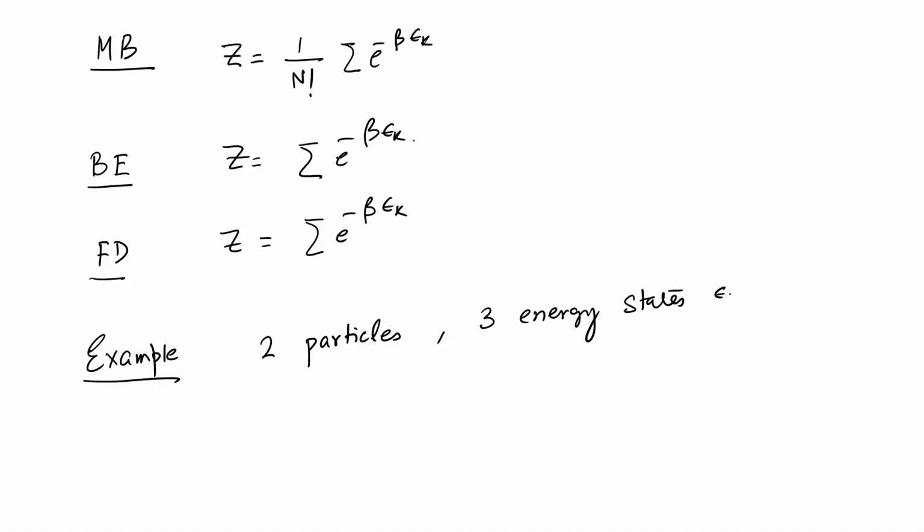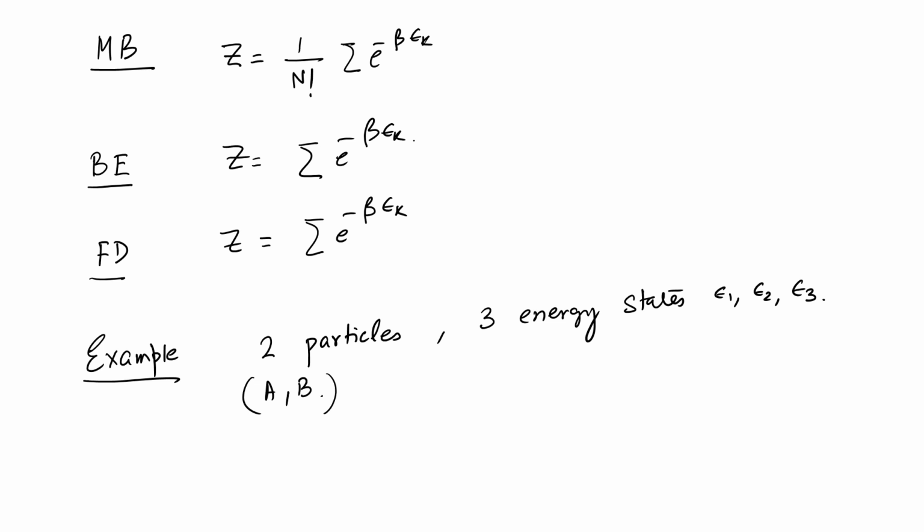Okay. So, let me just denote them by epsilon 1, epsilon 2 and epsilon 3, and these 2 particles, although they are indistinguishable and identical particles, we will still call them A and B, so that at least in the Maxwell-Boltzmann case, we know how to distribute the particles.